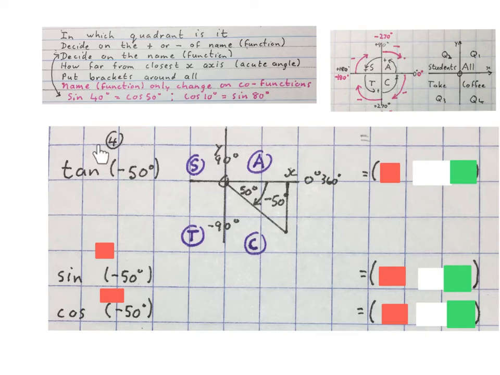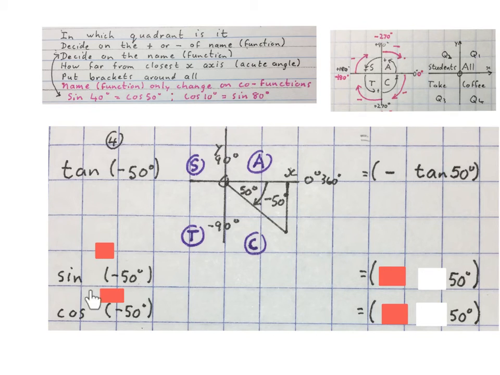So we are in the fourth quadrant. The sign of tan in this quadrant is negative. Keep the name. Then ask how far are you from the closest x-axis? And that is 50 degrees. Final answer, minus tan 50 degrees.